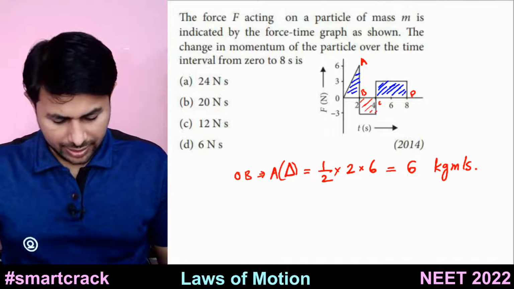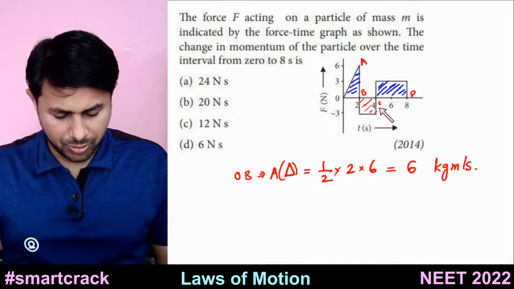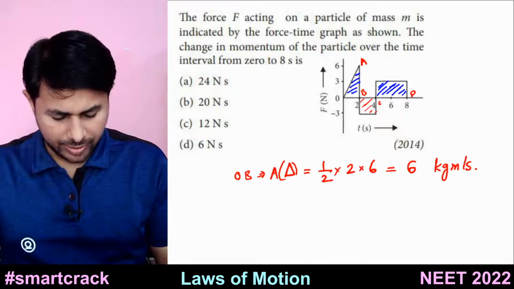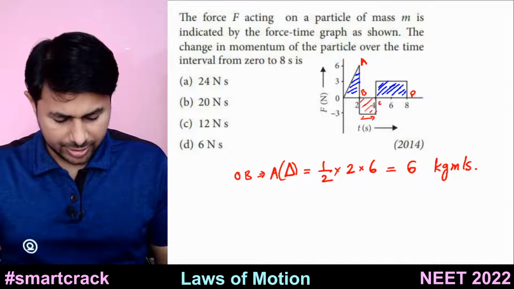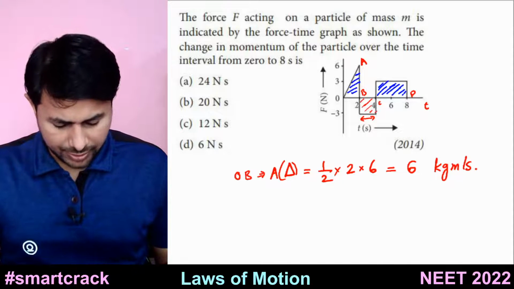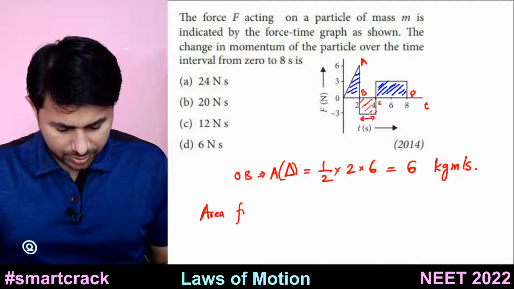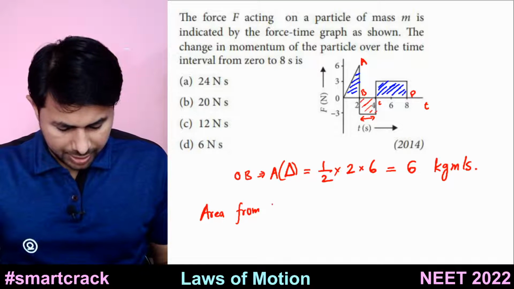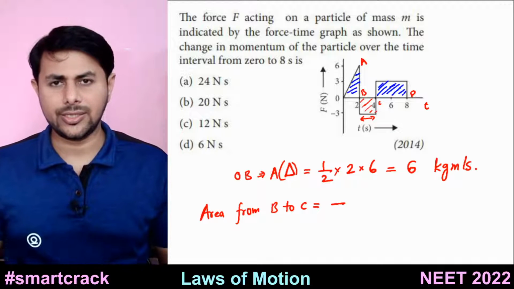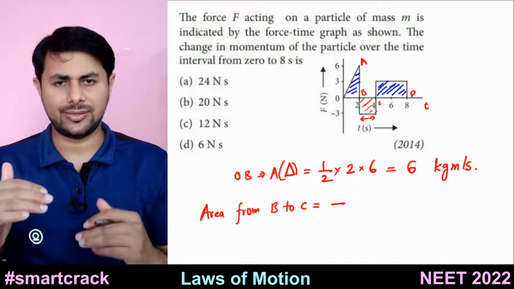Okay. Then area from B to C, from here to here. So we are going from 2 to 4. Okay. So 2 to 4, how much is the time duration? It's 4 minus 2, that's 2. Okay, so area from B to C is minus of, as we have discussed, area above the x-axis is positive, area below the x-axis will be negative.